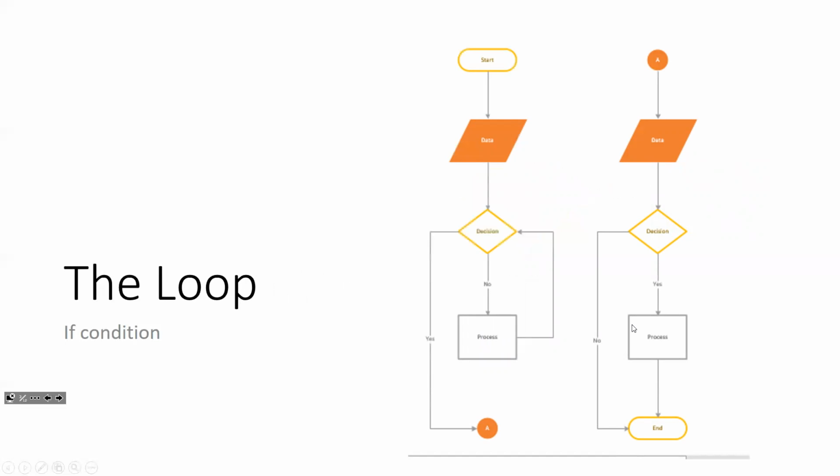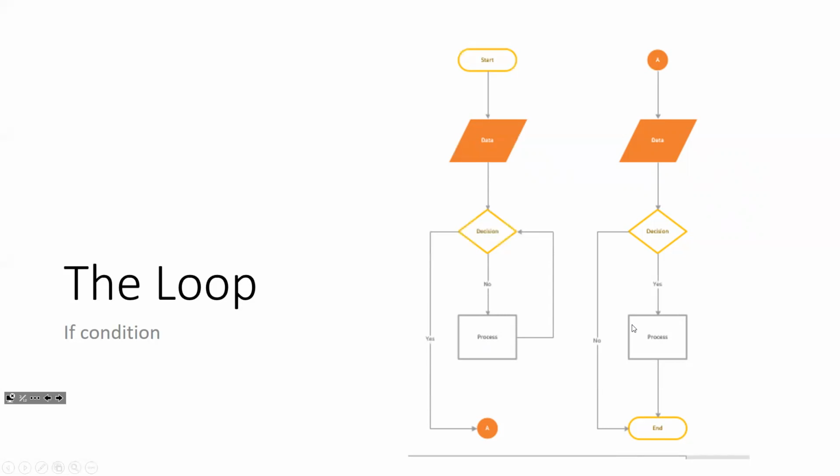So let's think about this looping process then, if we want to repeat some code. Here I have a flowchart chunk. We have a start and we grab some data, ask our user for something, and then we make a decision. In our decision diamond, we have a true or a yes path and a false or a no path. Well, in this case, if we take our no path, we do some sort of processing, but then our logic branches back to that decision again.